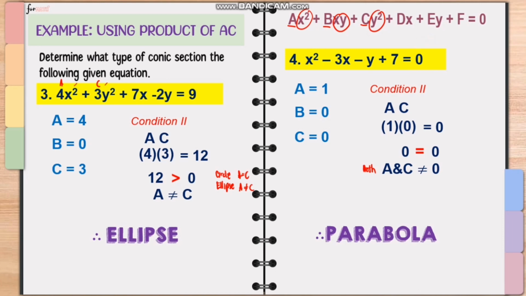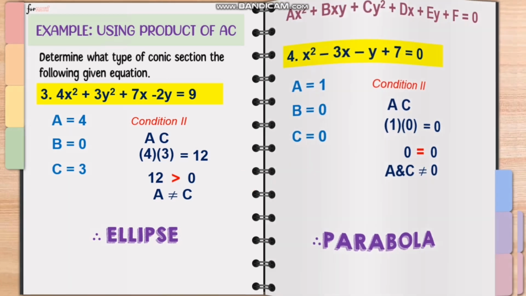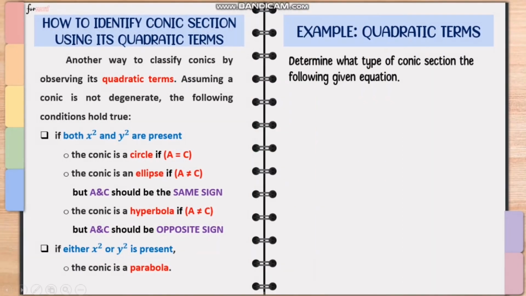So, next natin is using the quadratic term. By looking or by observing the quadratic term, pwede po nating malaman kung anong type of conic section ng isang equation. So, this is the third condition natin. Okay? Or third way.